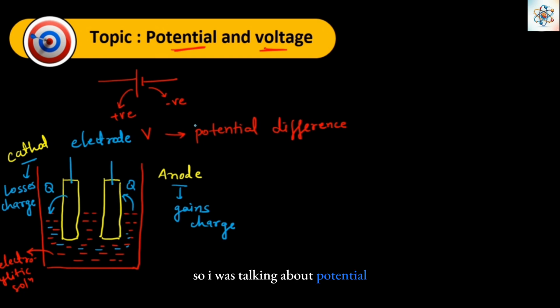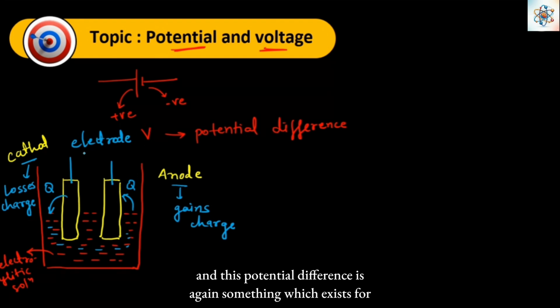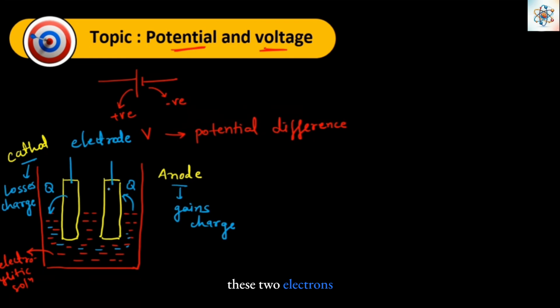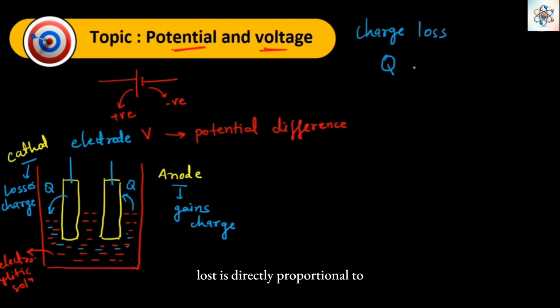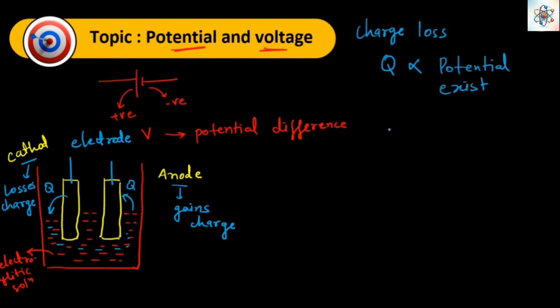So I was talking about potential difference. This potential difference is something which exists between these two electrodes. Whatever charge it loses is directly proportional to the potential that exists.